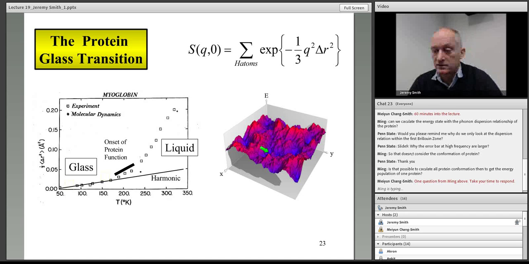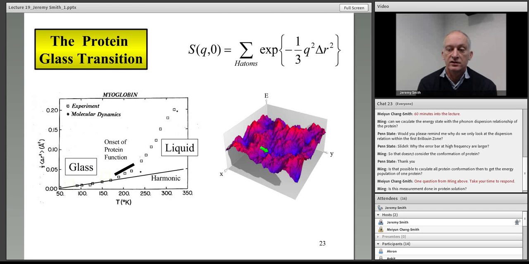Okay, so just about at the end, there's one more question coming from Ming. And in the next lecture, we'll describe this protein glass transition in more detail. Ming's question is, is the measurement done in protein solution? It's a practical question.